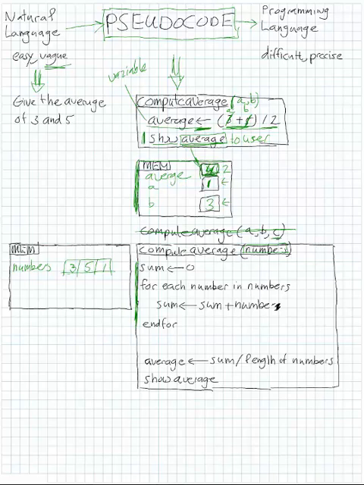We want to compute the sum of the numbers. Well, we start by saying the sum is 0, and then we have a look at each number, and each number that we encounter, we add it to the sum. So we start off by saying the sum is 0. So I get a new variable sum, and initially it's 0.